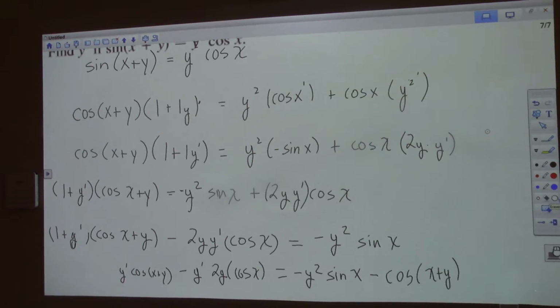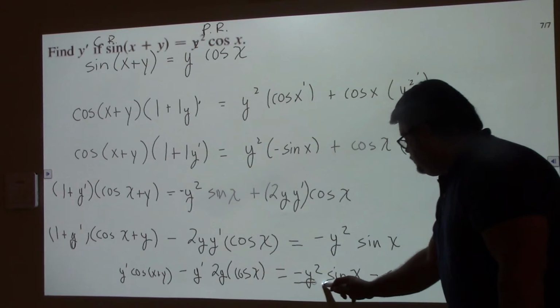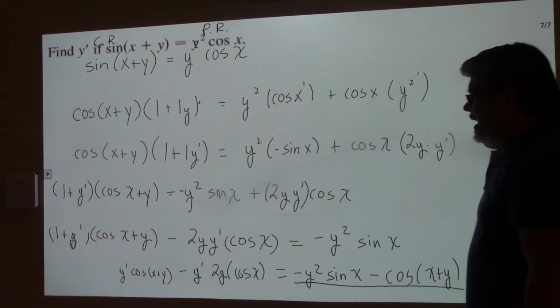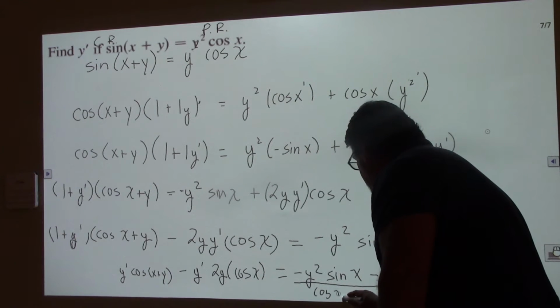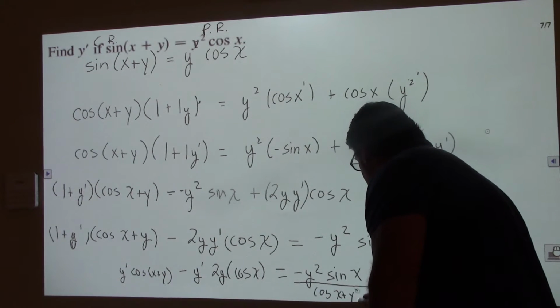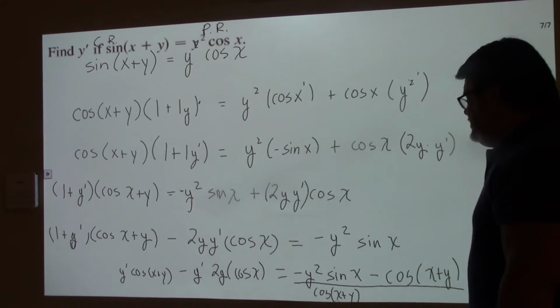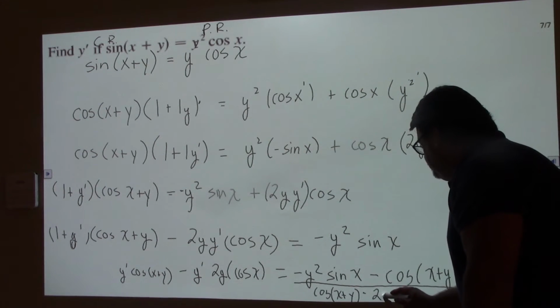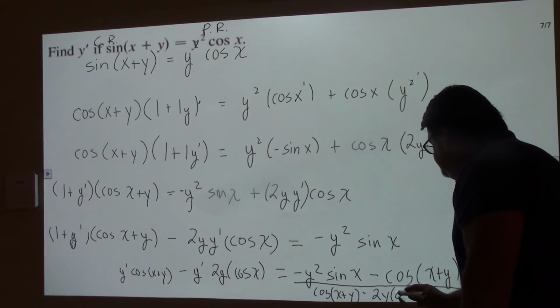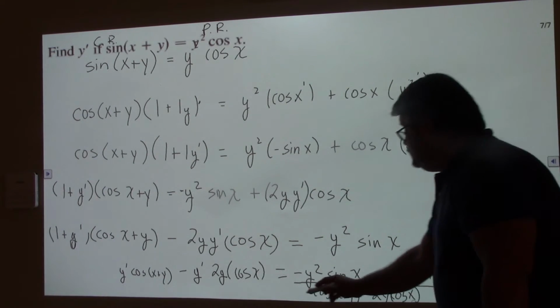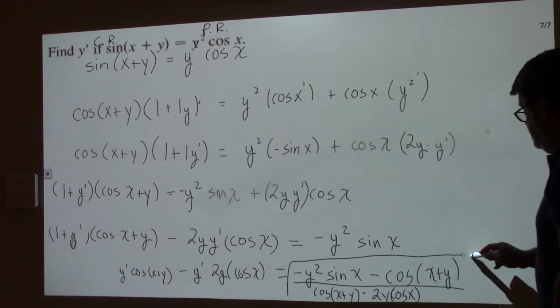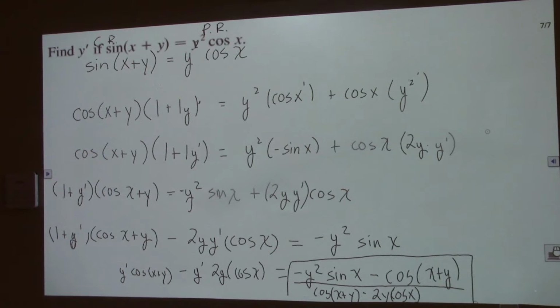I'm skipping a step here. Divide by cosine x plus y, minus 2y cosine of x.